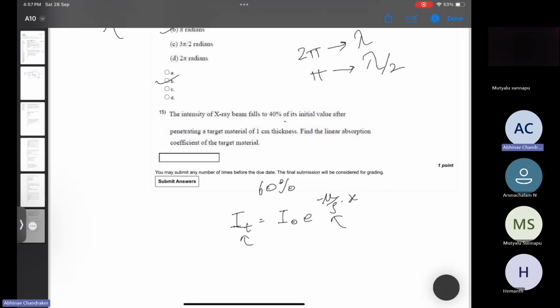So here you have minus mu by rho into x into rho again. And mu is our linear absorption coefficient. So I T by I naught is 40%, we know. 0.4 equal to e raised to minus mu into x, where x is 1 centimeter.